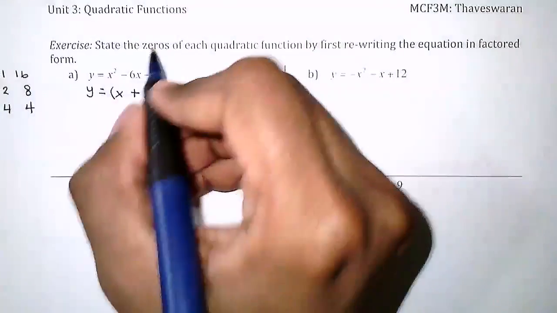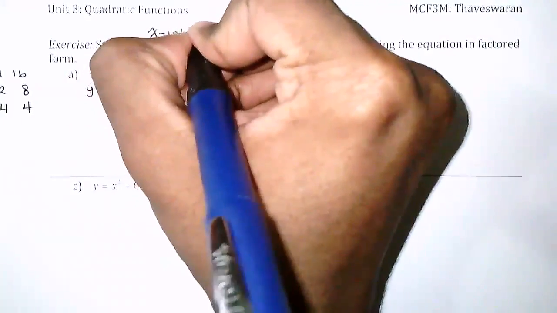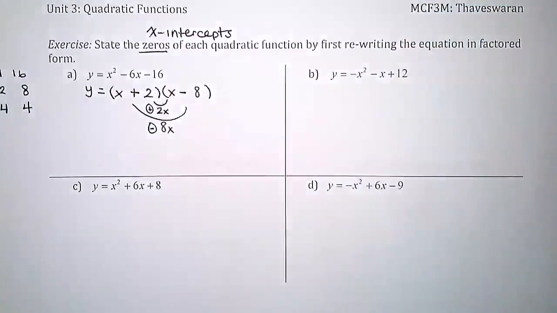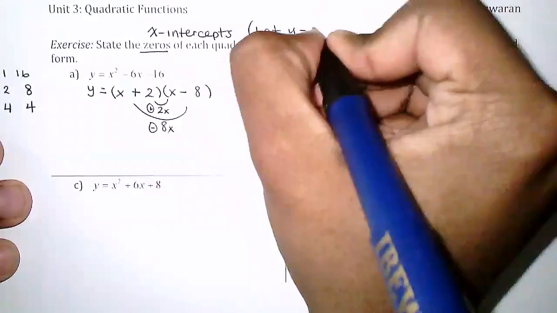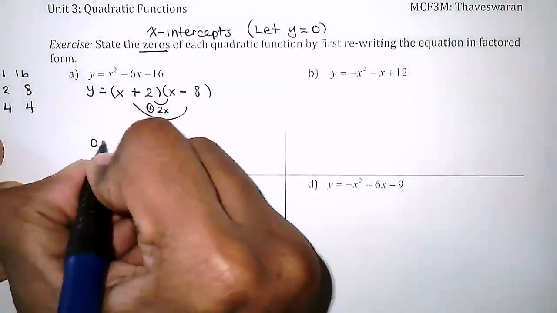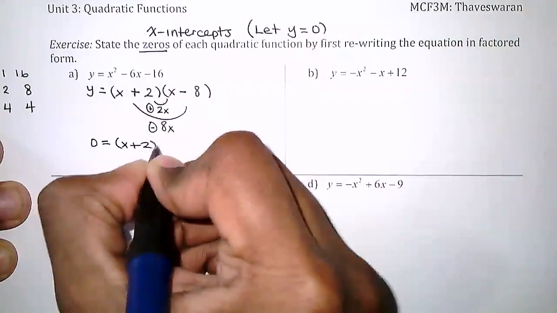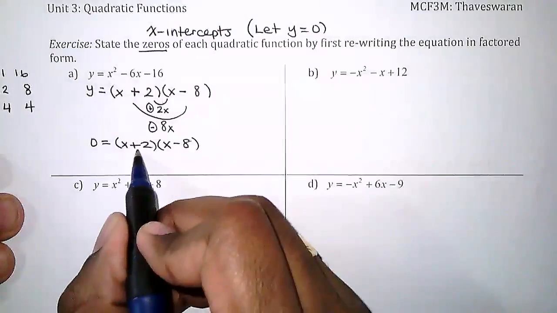Now to find the zeros, remember zeros are just another fancy way of saying x-intercepts, we can do what we've been taught to do all along. To find the x-intercept, we need to let y equal 0. So we have this equation, and we're going to say 0 is equal to x plus 2 and x minus 8. In this case, we need to set each factor to 0 and solve. So you split it up.